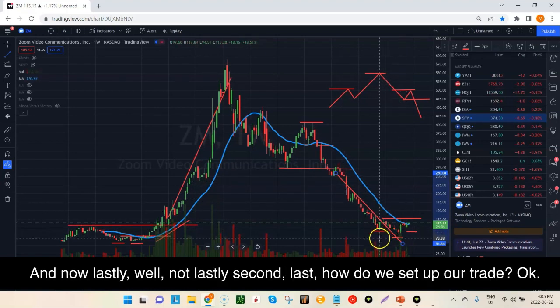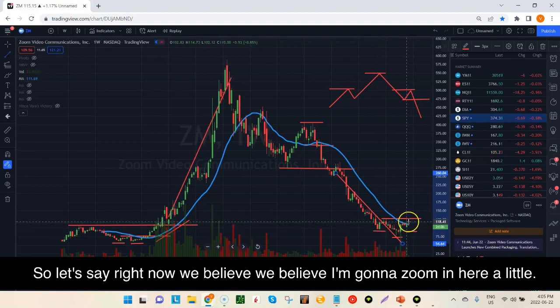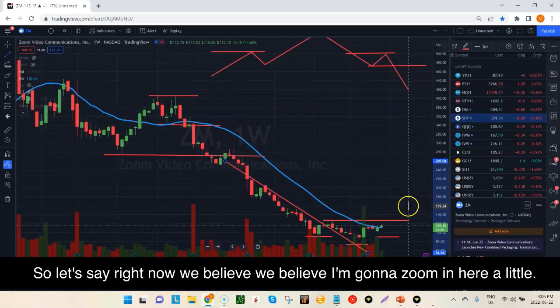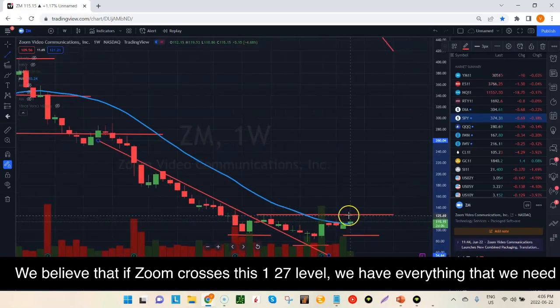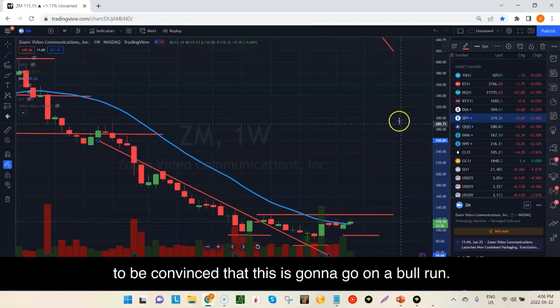Okay. And now, second last, how do we set up our trade? Okay. So let's say right now we believe, I'm going to zoom in here a little, we believe that if Zoom crosses this 127 level, we have everything that we need to be convinced that this is going to go on a bull run.